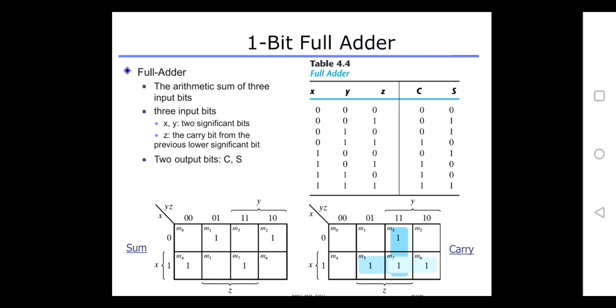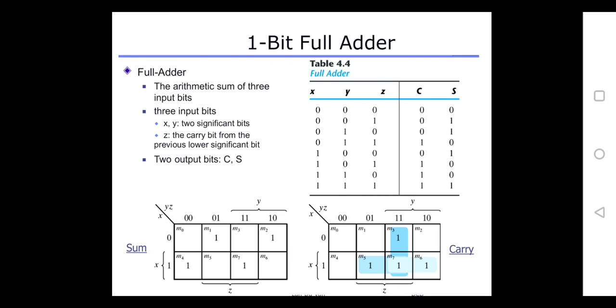Let me take an example of 111. 111 is equivalent to 3. If you divide 3 by 2, you get 1 with remainder 1, so sum is 1, carry is also 1. From these sums and carries, we need to write down the expressions for sum and carry. In case of carry, we are getting ones at inputs 3, 5, 6, 7.